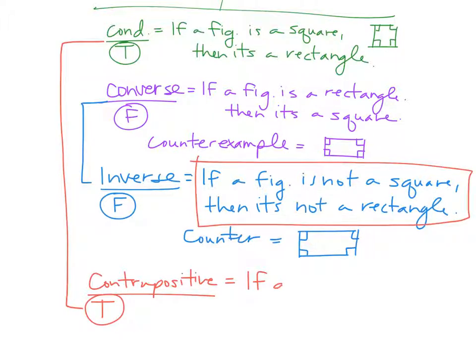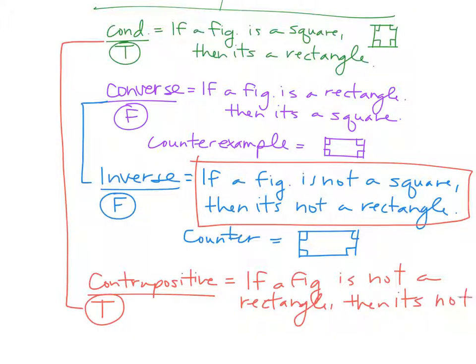So if a figure is not a rectangle, then it's not a square. Okay? That is what you're doing. If you can keep those 4 straight, you're in great shape. Okay? That's the other thing. It is a lot of writing.